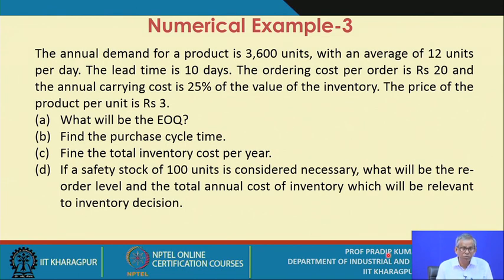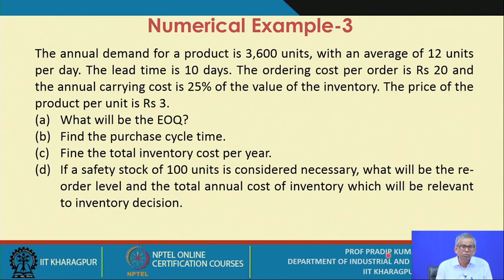Now here just make a note that you have one parameter called ROP or ROL. Now this ROP, that means reorder point or reorder level, consists of two parts. The first part is the average demand during lead time, and the second part is the safety stock.